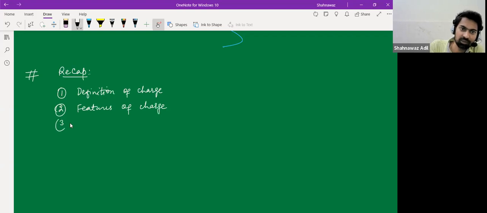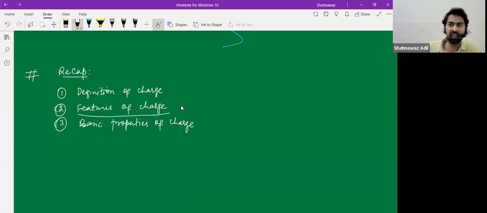And then in the third part, we learned about the basic properties of charge. In the feature part, we learned whether it is scalar, how we represent the charge, what the SI unit is, what the value is, and why it is neutral.